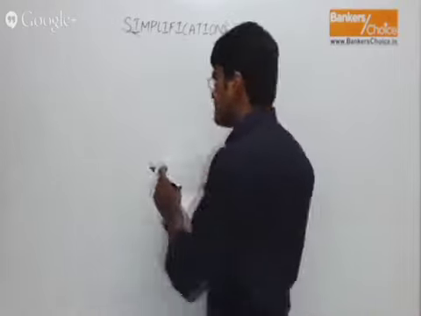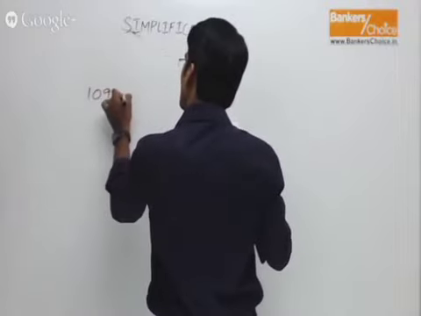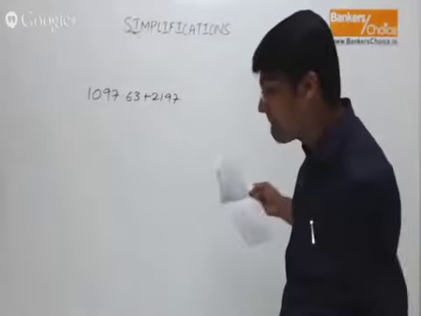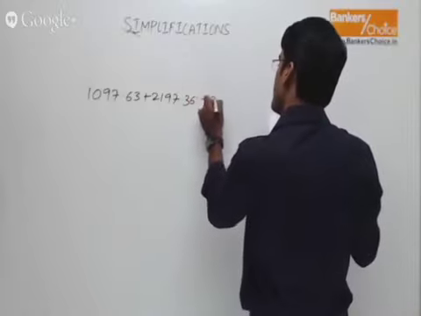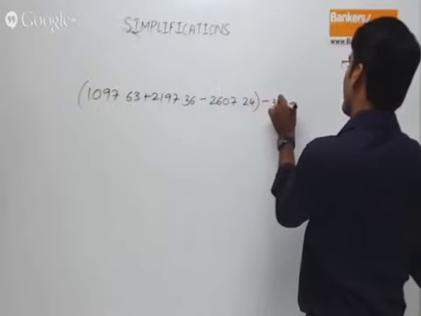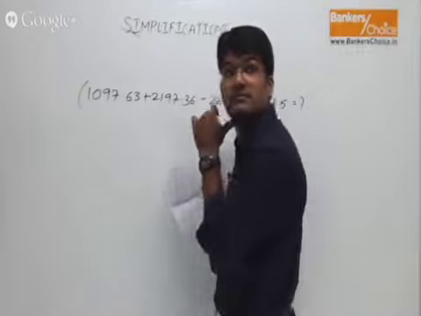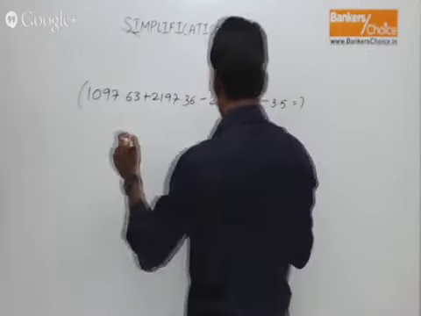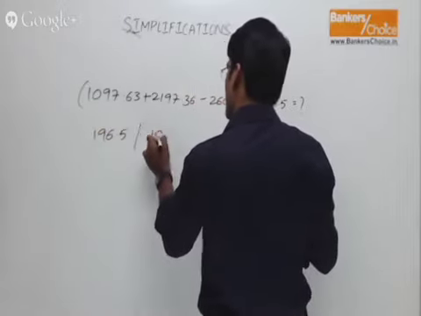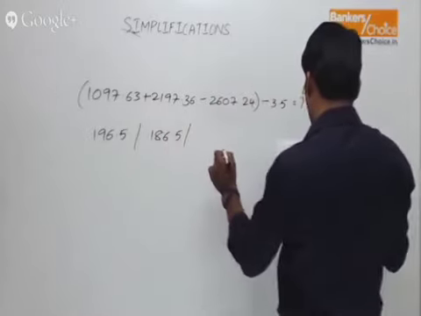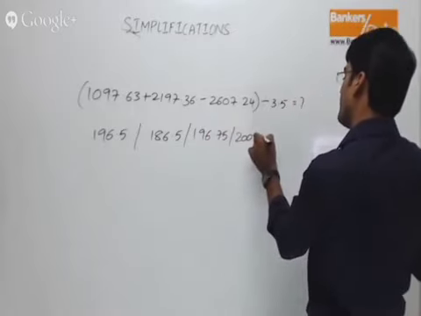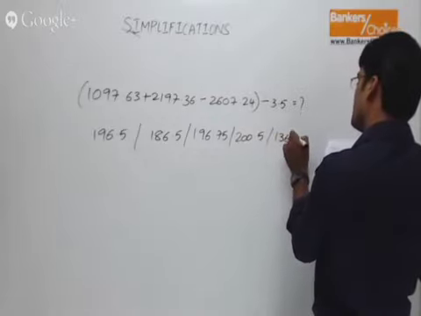For example, the options are 196.5, 186.5, 196.75, 200.5, 136.5.